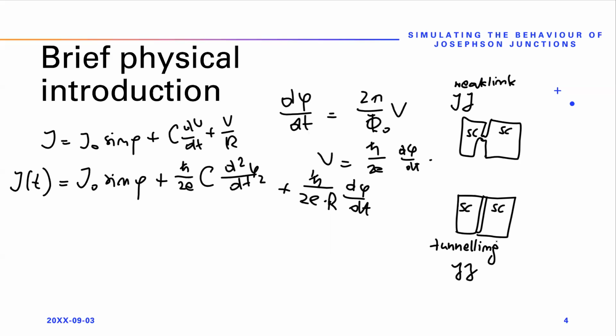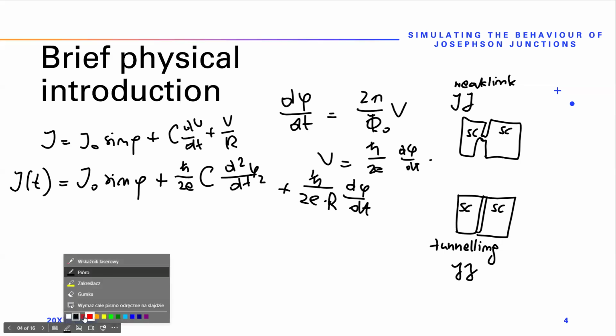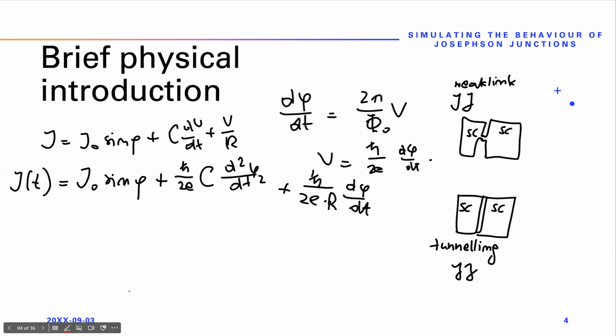And what's the key difference between them? Well, there is the existence of capacitance in the tunneling Josephson junction. So in the bracket, you can write that capacitance is bigger than 0. Just write it on the right side of the tunneling Josephson junction.